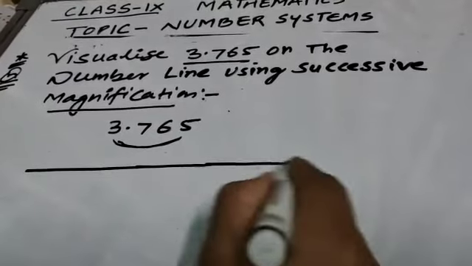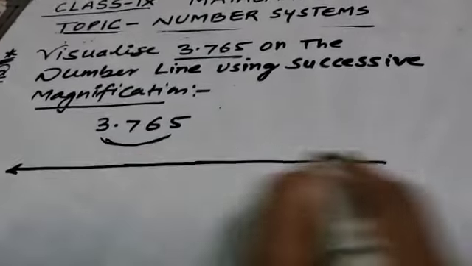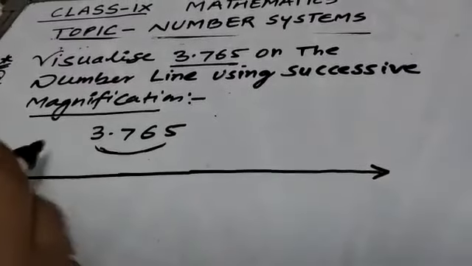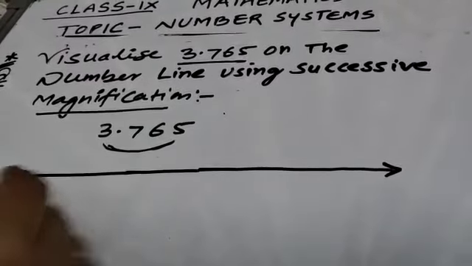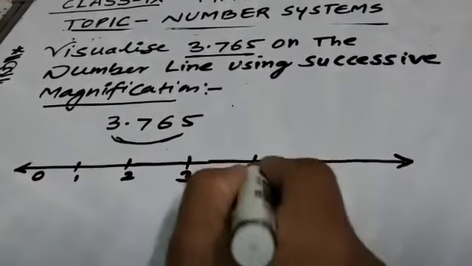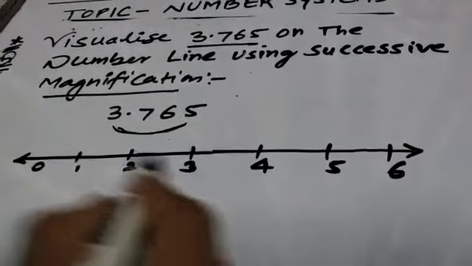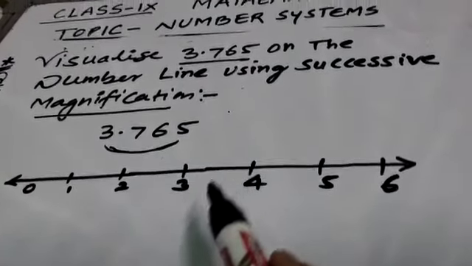We will draw the number line, and first of all locate 3 and 4 on it. We have located 3 and 4 on the number line.